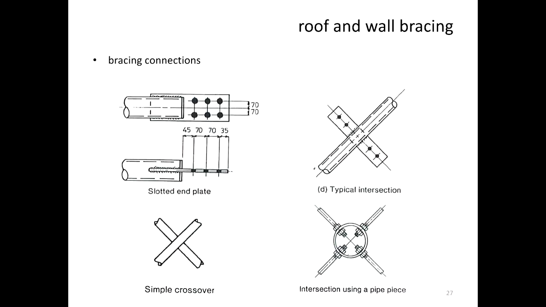Okay. So some more connections for you. Sometimes when you have CHS crossing each other, it's very difficult for them to join. And as I said, you also have to ensure that the line of action of the forces intersects with the center of gravity of the connection. So to ensure that, you have to make sure that that crossover between two bracing members is brought to a minimum.